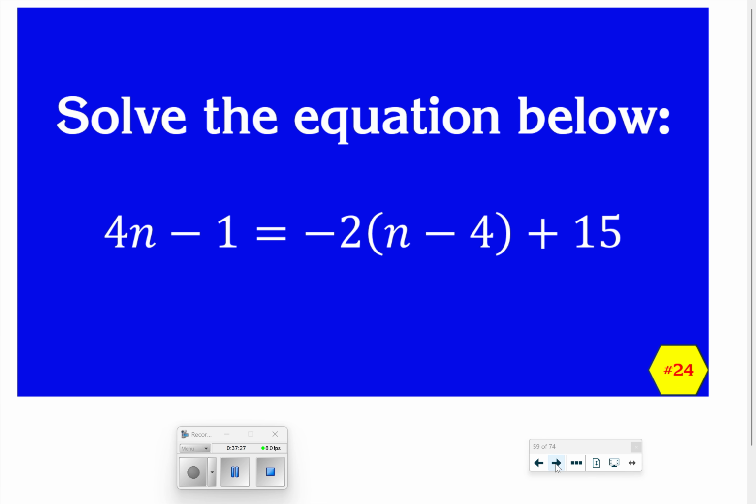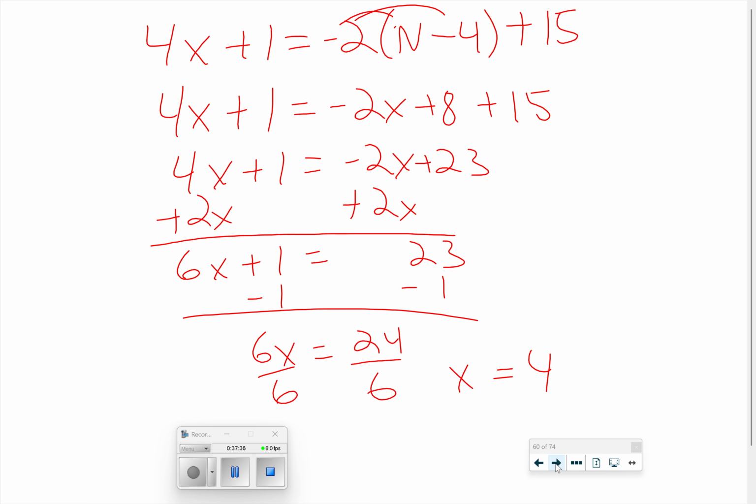Okay, solve the equation below. To solve this one, first we're going to distribute the negative 2. We got negative 2x. Negative times a negative is a positive. 2 times 4 is 8. Bring down this positive 15.